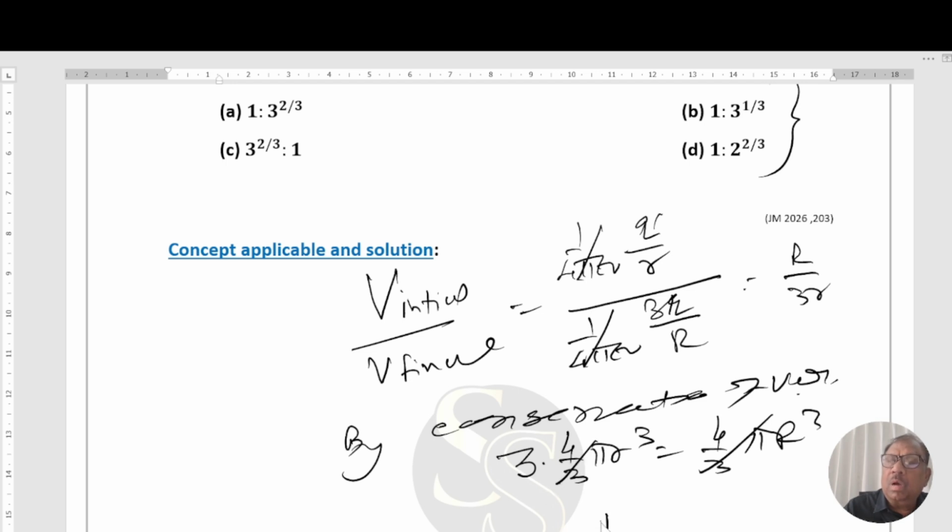So R comes out to be 3 to the power 1 by 3 times small r.